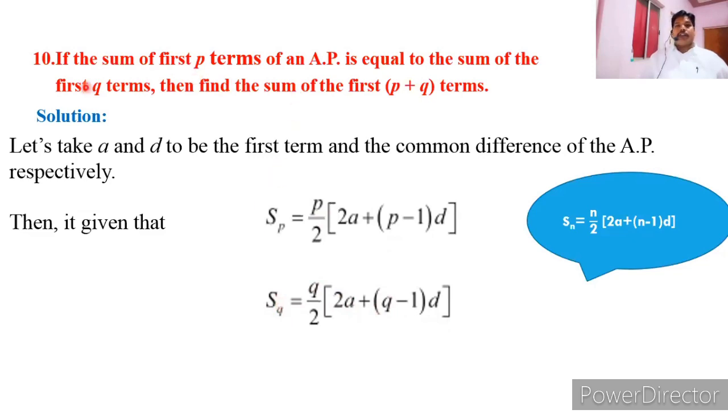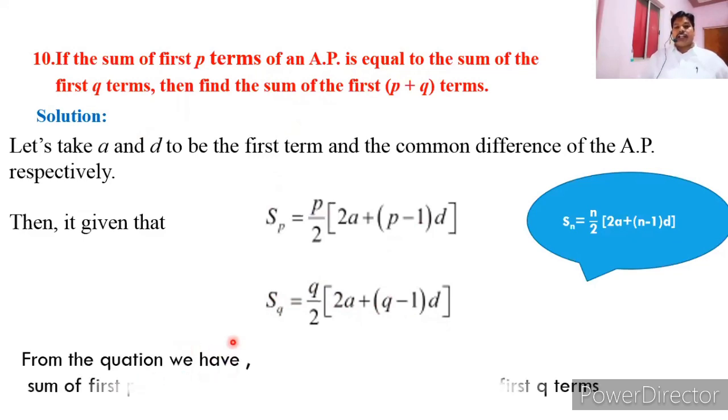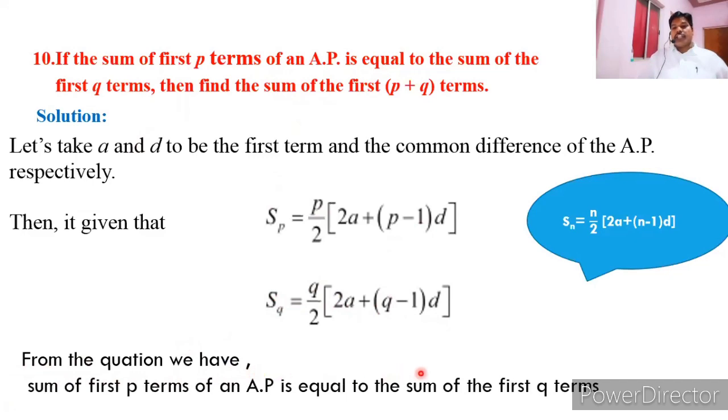In the question, they have given that both are equal: the sum of first p terms of an arithmetic progression is equal to the sum of the first q terms. Just equate both.